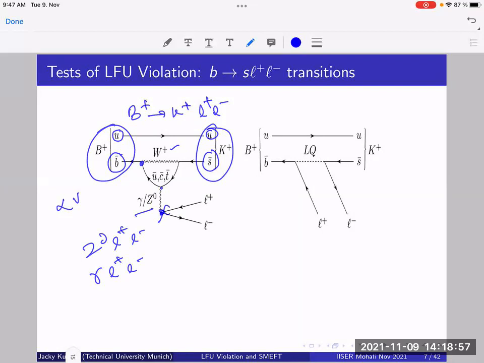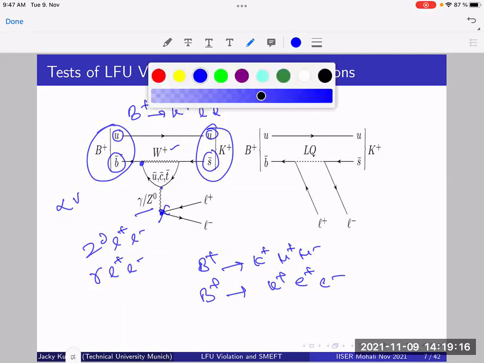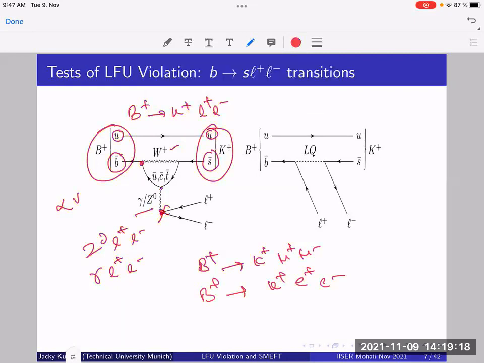So now if you measure, for example, B plus to K plus mu plus mu minus versus B plus to K plus e plus e minus, in the standard model you expect them to be exactly the same, okay, because if you look at the upper part of this Feynman diagram, this is exactly the same in both cases.